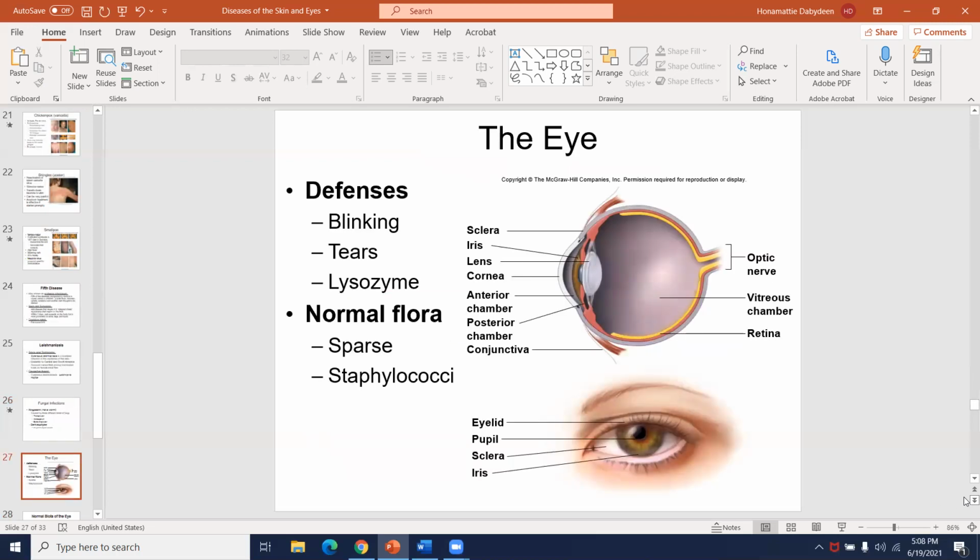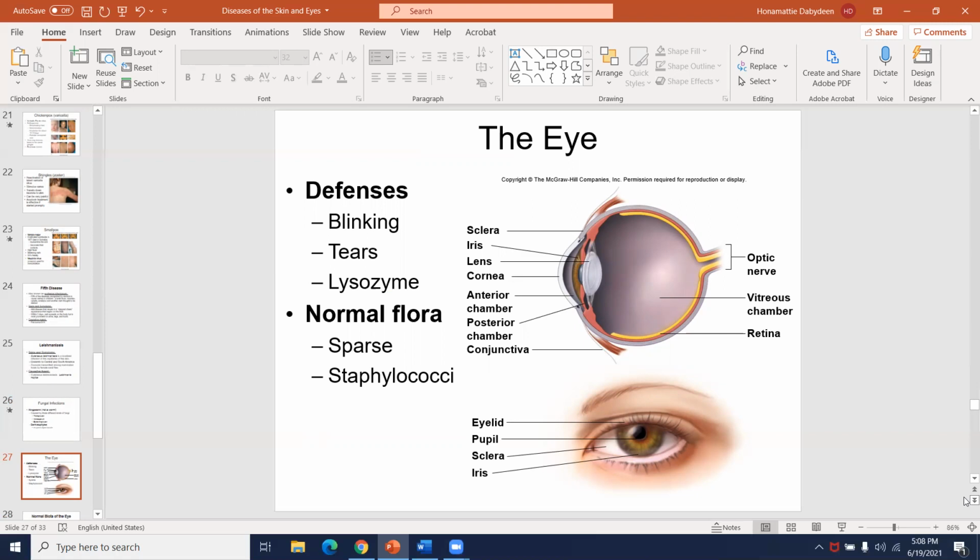Now the eye. I have a slide there showing you the anatomy of the eye, and I'm sure you learn a lot more about the eye in your anatomy classes.